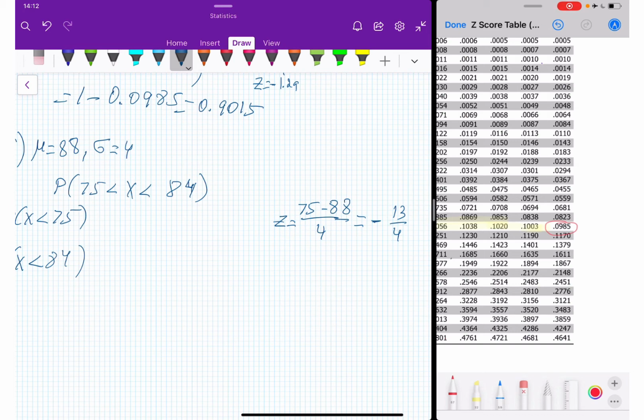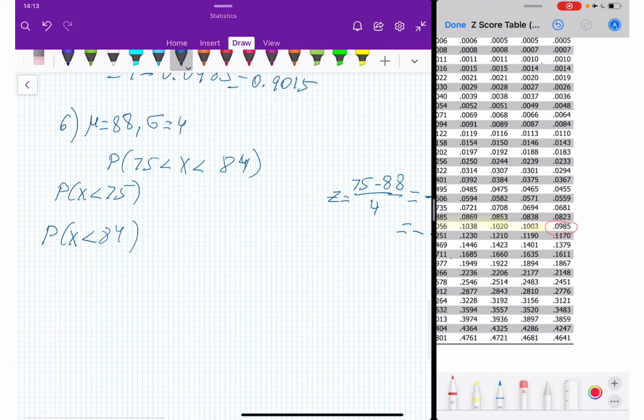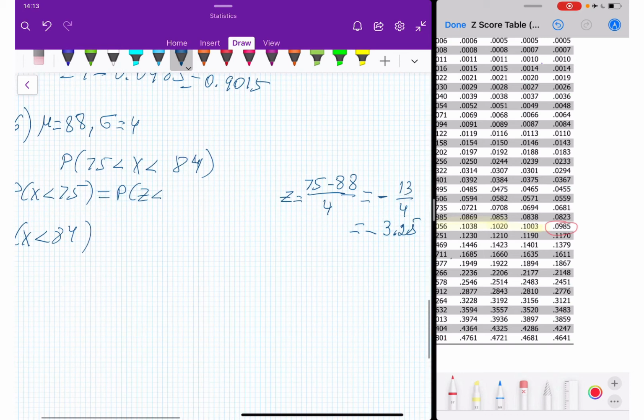And 13 divided by 4 is equal 3.25. Negative 3.25. Okay, so probability x is less than 75 is equal probability for z-score is less than negative 3.25.